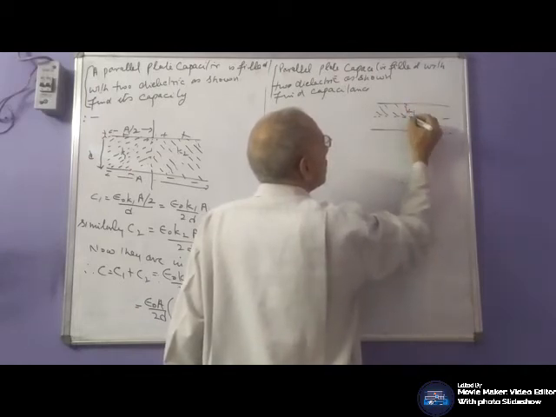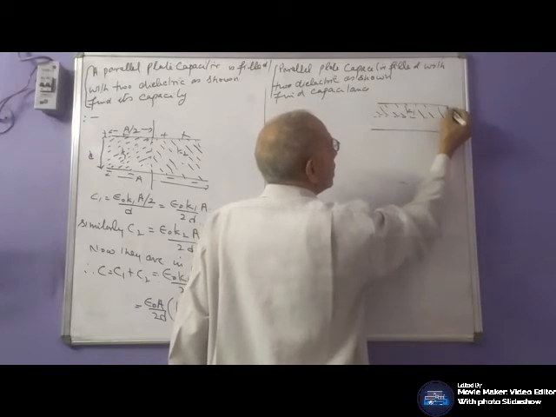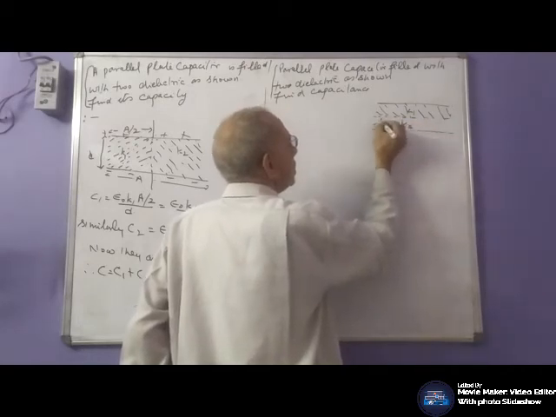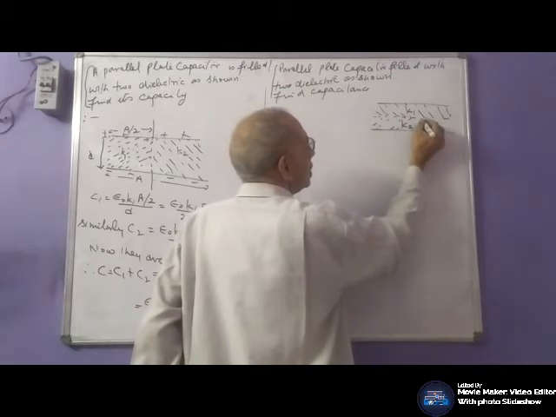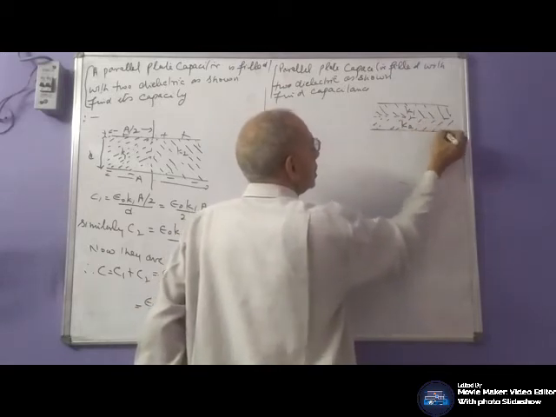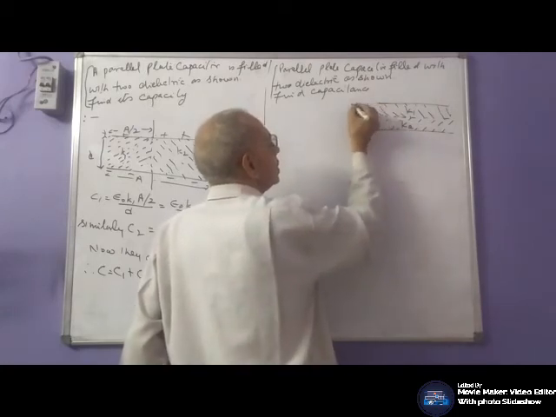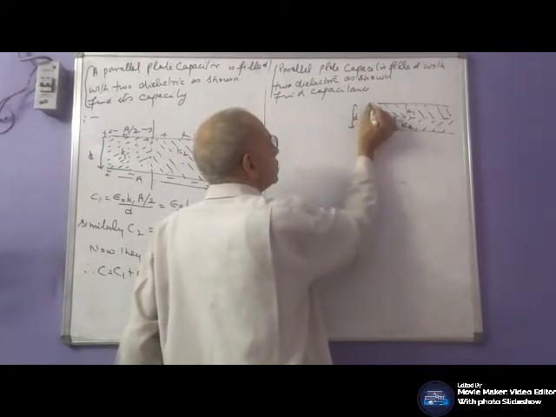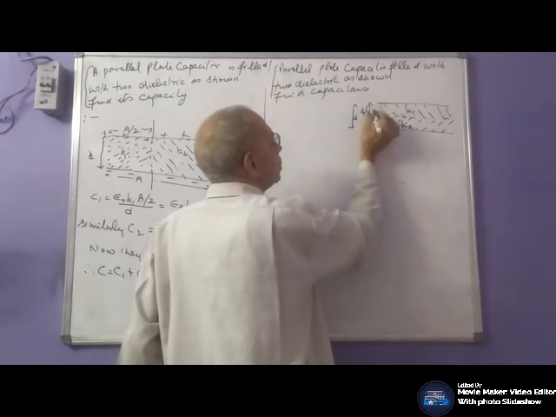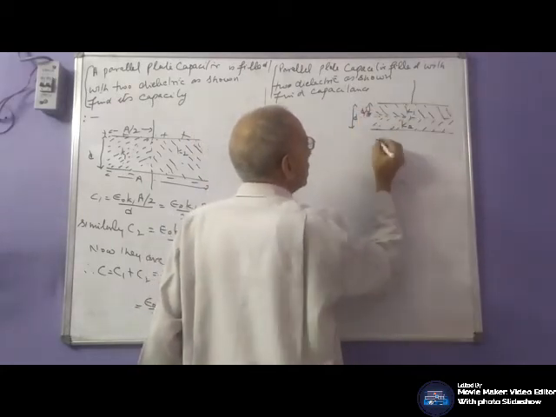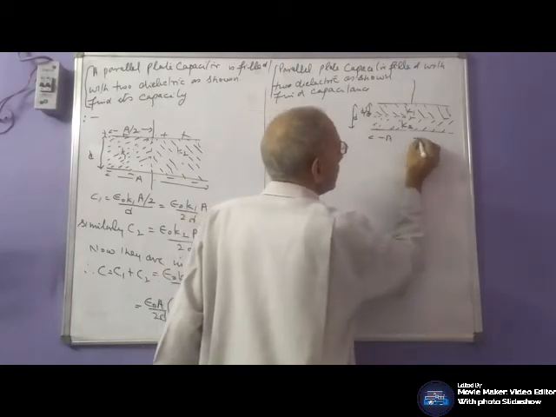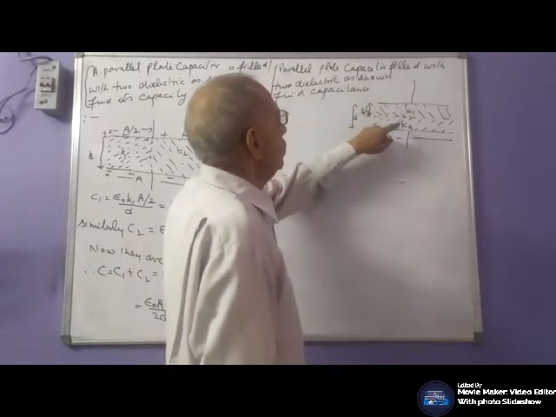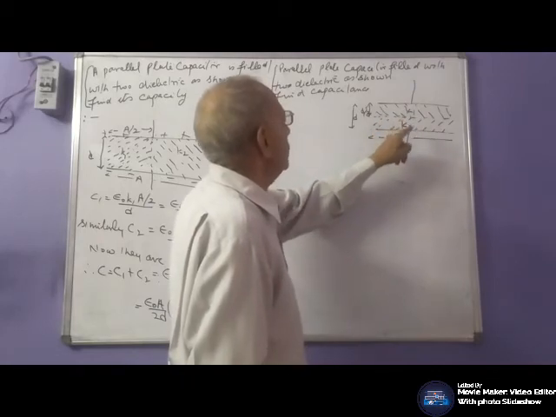K1, K2. This is D. This one D by 2. This is A. So this is capacitor plates, half dielectric K1, half K2.